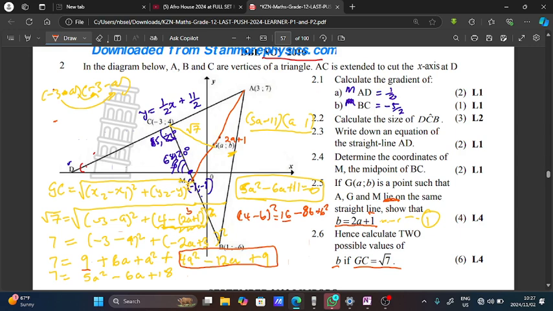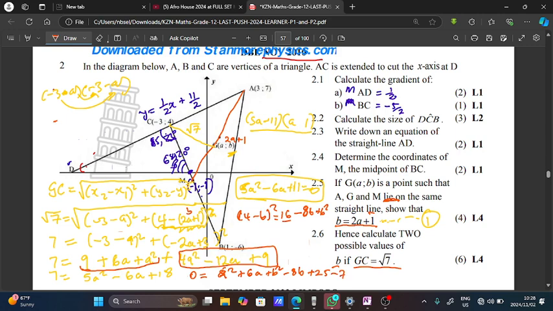Now we'll have 0 equals to, that will no longer be 5a squared. We'll have something like this: a squared plus 6a, plus b squared minus 8b, and then for the constant, plus 25 minus 7.